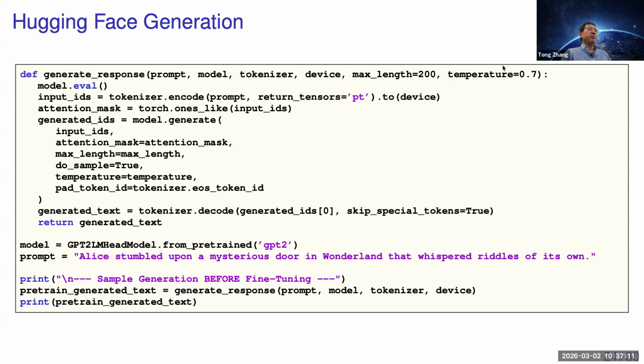We explained this before, so I don't want to go through it. Then you have padding tokens, and you generate and decode. This generates token IDs, and then you just use the tokenizer to decode. That's all. This is handled by the GPT-2 model itself, so Hugging Face handles this, and then you get the tokenizer output, and that is what is actually generated.